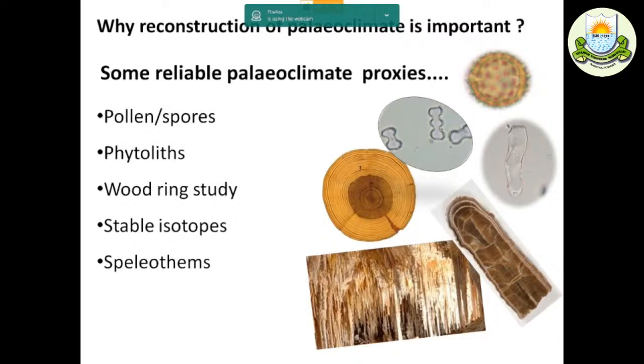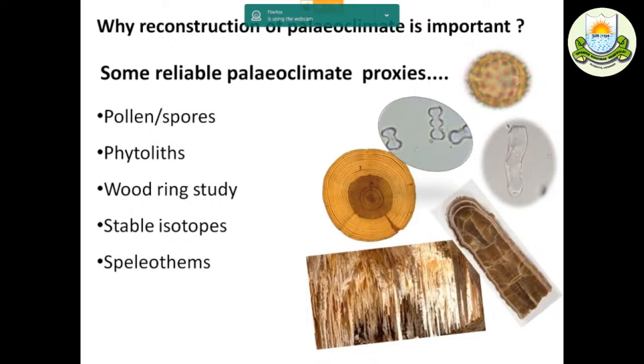Pollen and spores help because these tiny microgametophytes and asexual reproductive structures of the angiosperms and cryptogams have a very unique structure. Their shape, size, ornamentation pattern, and aperture provide them uniqueness.